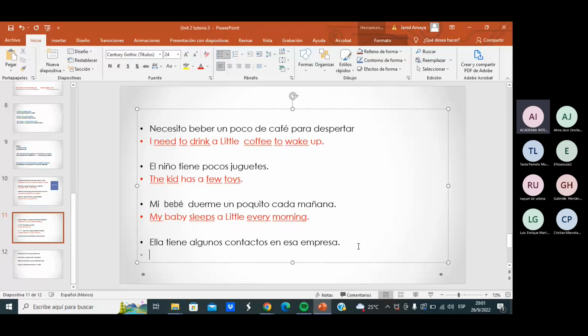She has many contacts in that company. Yeah, that's correct. Se podría, if we are talking about a big amount, una gran cantidad, ¿verdad? Pero aquí no. O sea, la oración que usted me dice sí está correcta, pero aquí no.